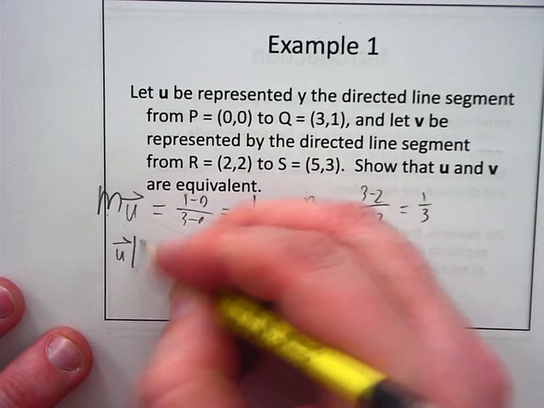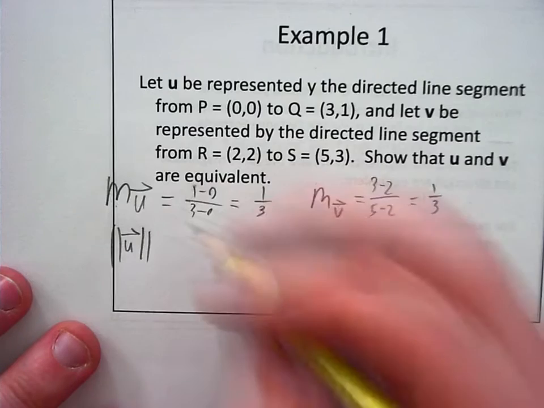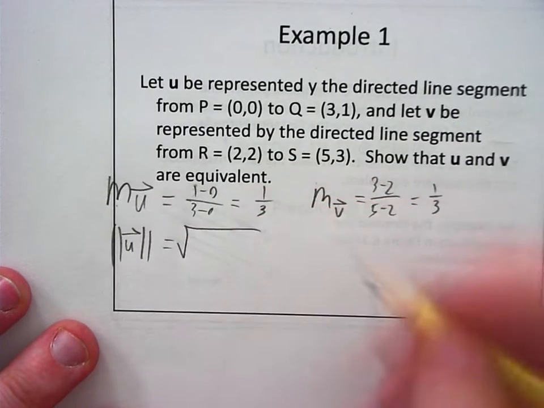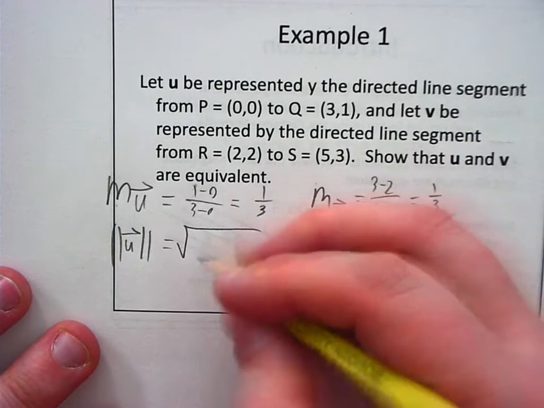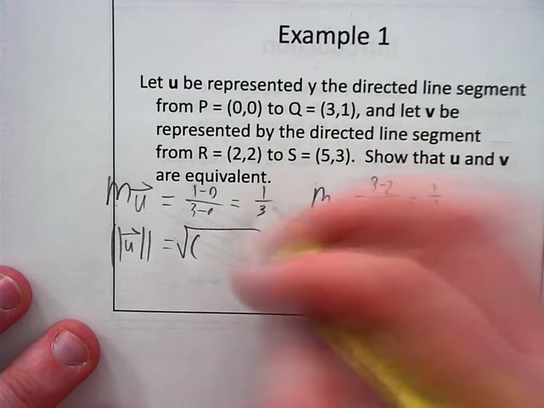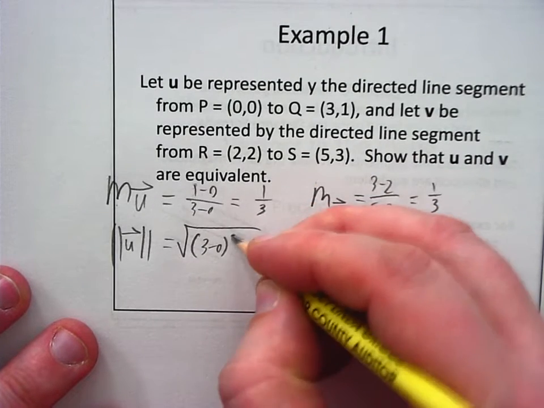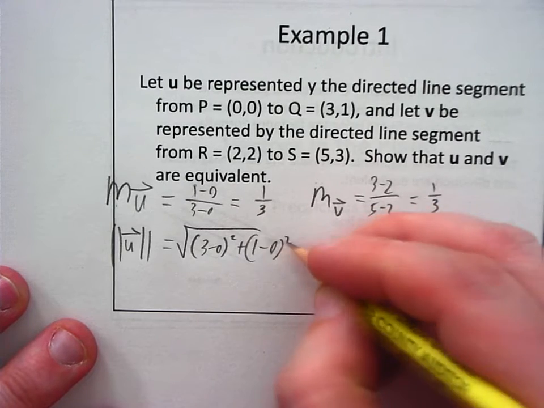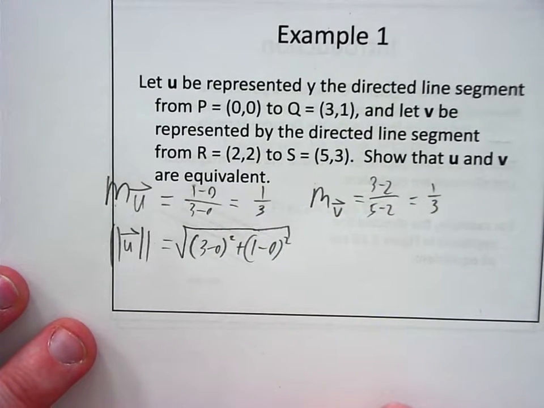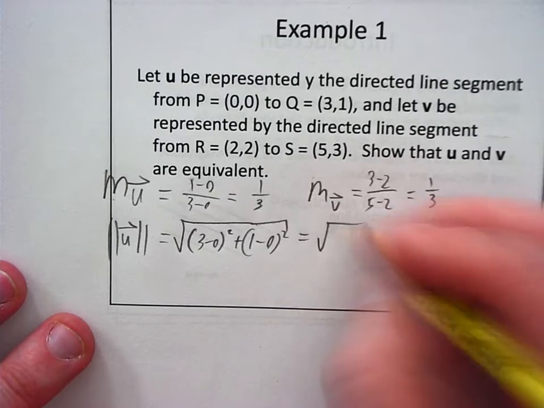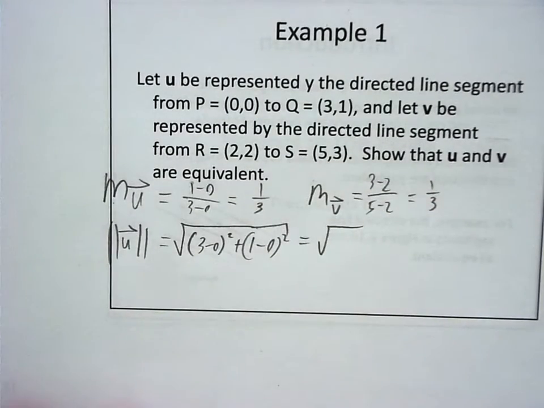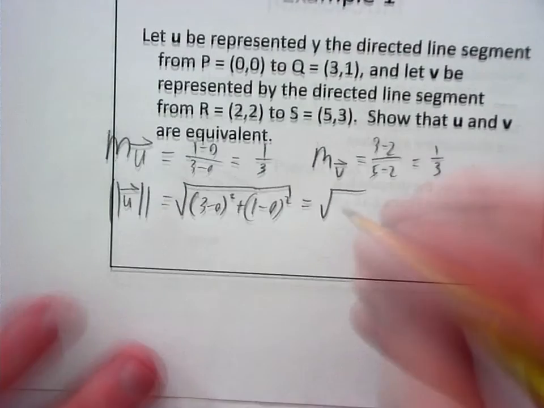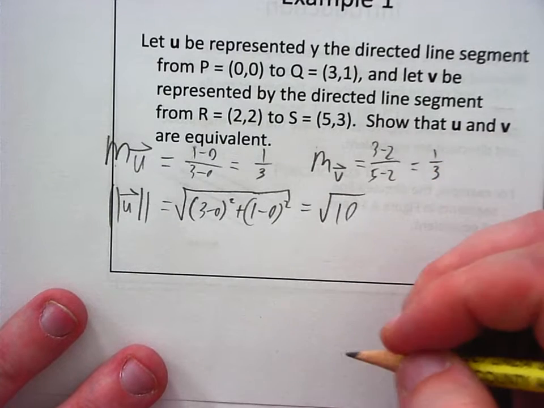So if I want to do the magnitude of u, I'm going to do the square root of the differences, so 3 minus 0 squared plus 1 minus 0 squared, and square root it. So you're going to end up with the square root of what? 10. 3 squared plus 1 squared is 9 plus 1 is 10.